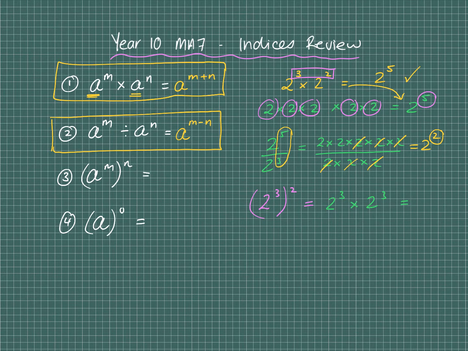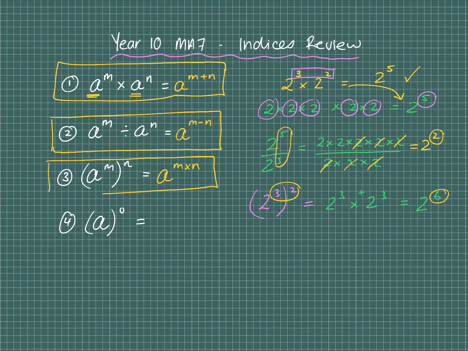Of course, you could go further and say 2 by 2 by 2 and 2 by 2 by 2 and times it all together. But using rule number 1, we can see we add the 3 and the 3 together, we make 6. So shortcut, the 3 inside and the 2 outside the bracket, we make 6. How do we do that? Well, hopefully you just said you multiply them together. That is rule number 3.